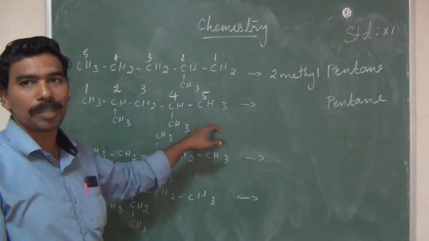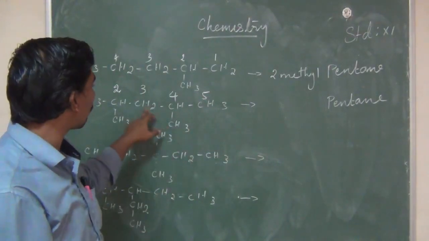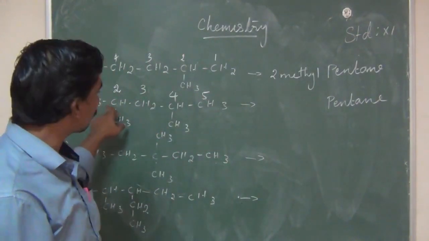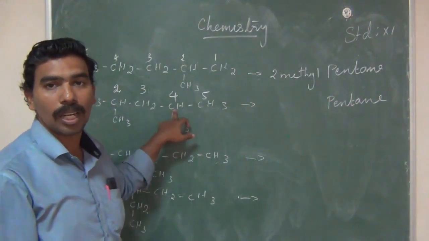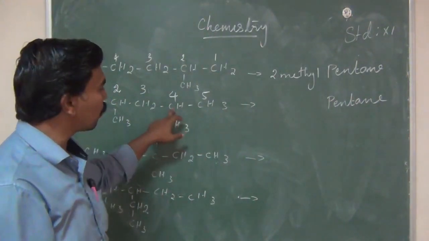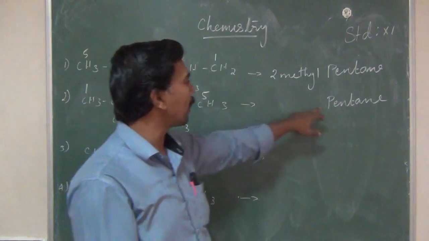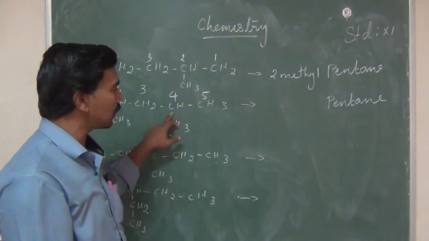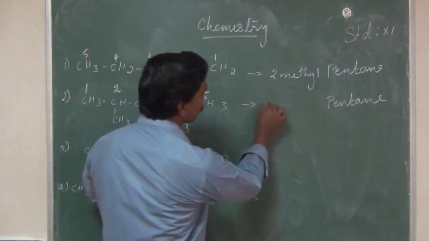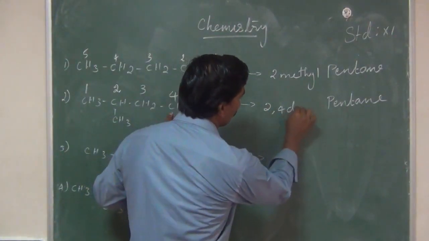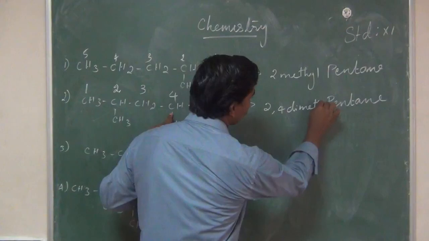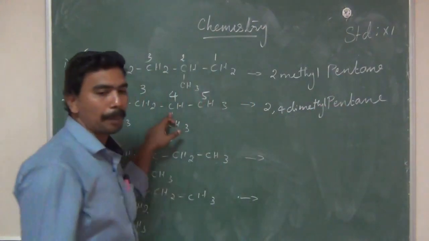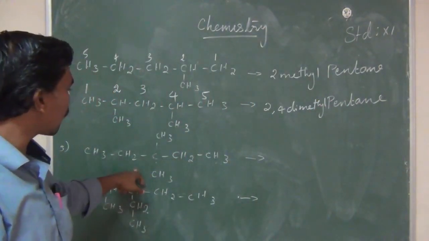Suppose you put the numbers from the left, 1, 2, 3, 4, 5. Anyhow, the second carbon atom and fourth carbon atom contain the methyl group, so no problem at all. So pentane, then the 2 and 4 positions. Two methyl groups are present, so 2,4-dimethylpentane.